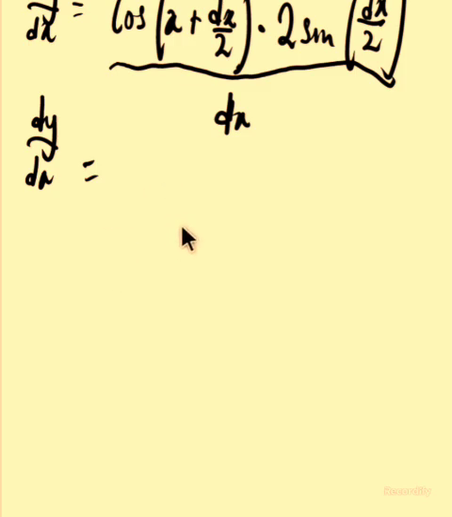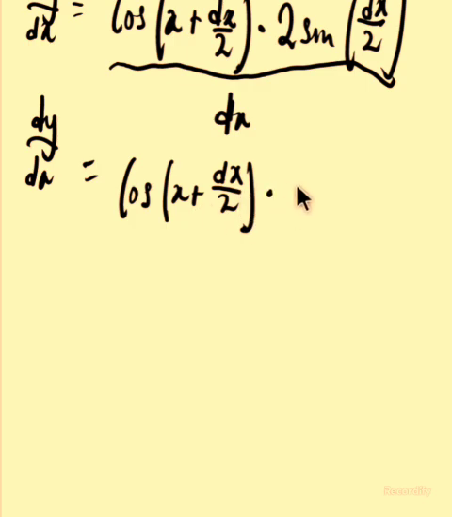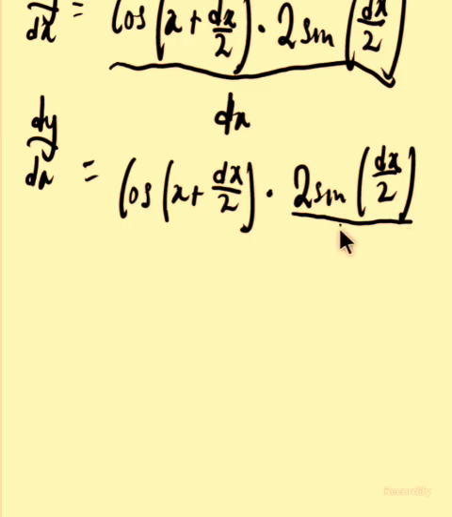The next thing I can show you is that this is multiplication, so I can also represent this as cos of (x plus dx over 2), dot 2 sine (dx over 2), divided by dx.